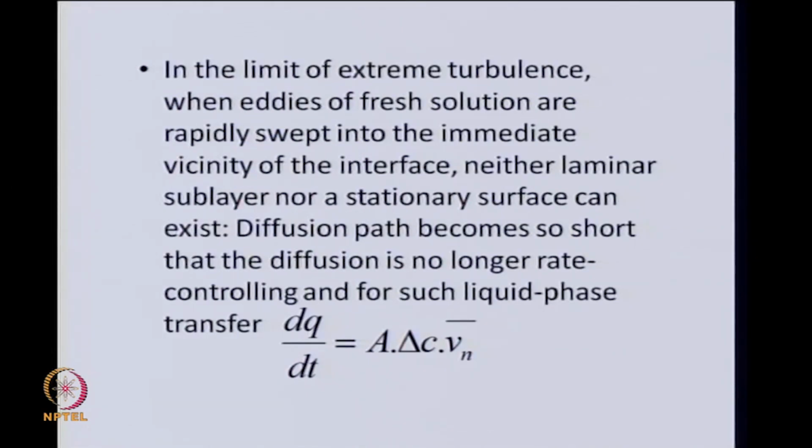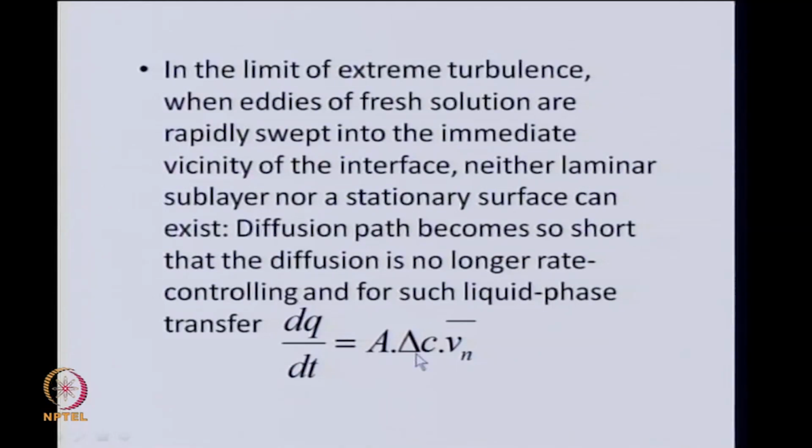Liquid then will be probably coming with that average velocity Vn bar, and if the difference in concentration between the interface and the bulk is delta C, the rate of transfer should be dQ by dt equal to A times Vn bar times delta C, where A times Vn bar is like a flow rate of exchange between the bulk of liquid and the interface, and that creates a transport for the two ends which differ in concentration by delta C. So, A times Vn bar can be looked at as a flow rate with which liquid is moving to the surface from bulk with the difference in concentration delta C. So, that will be the molar flow rate from bulk to the surface if the liquid is transferring the solute to the gas phase.